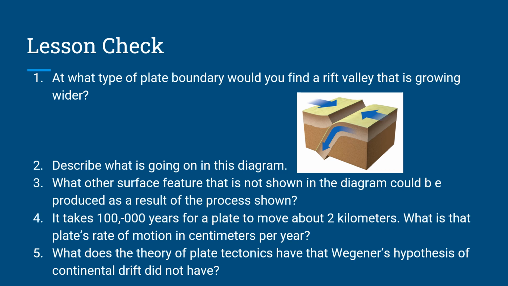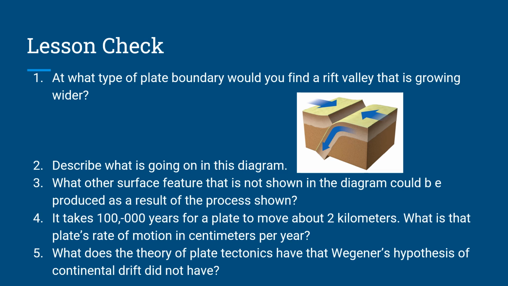One plate is diving under the other in a process called subduction. The other plate's edge is being nudged upward, which creates mountains. Moving to 3. What other surface feature that is not shown in the diagram could be produced as a result of the process shown? And that would be volcanic mountains.